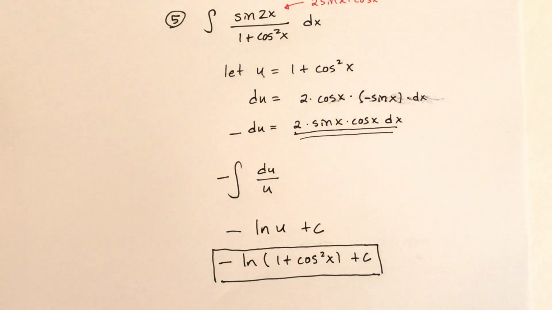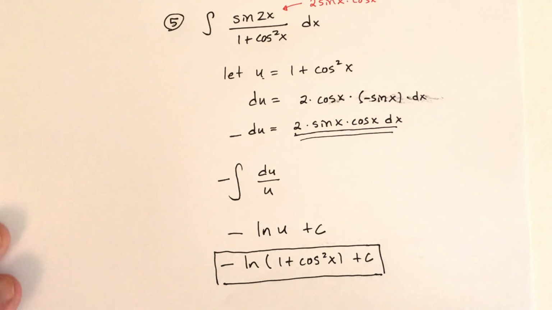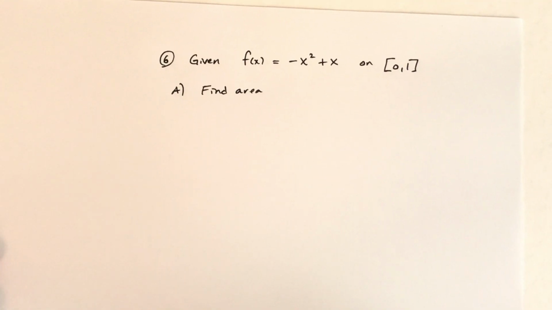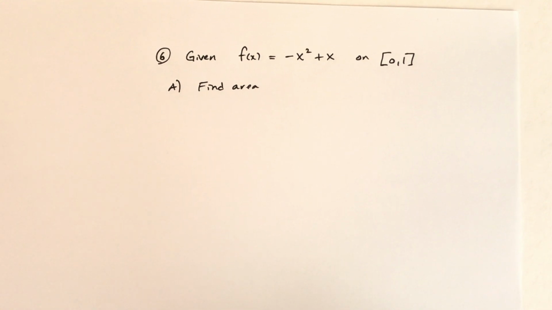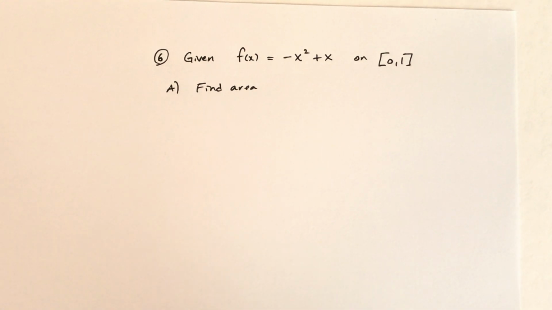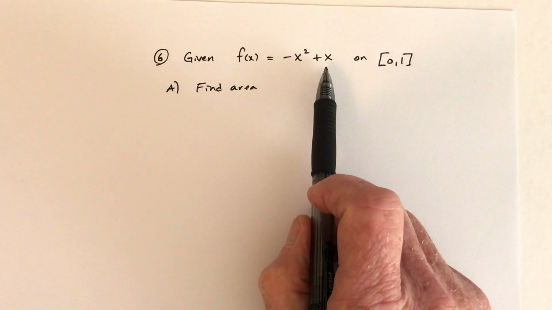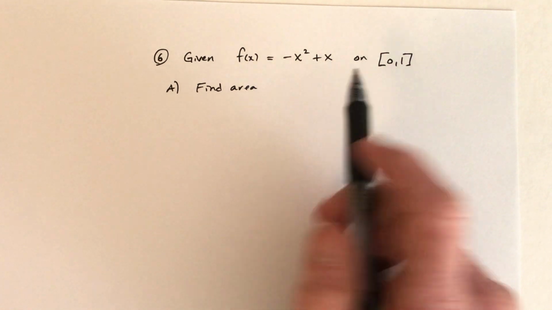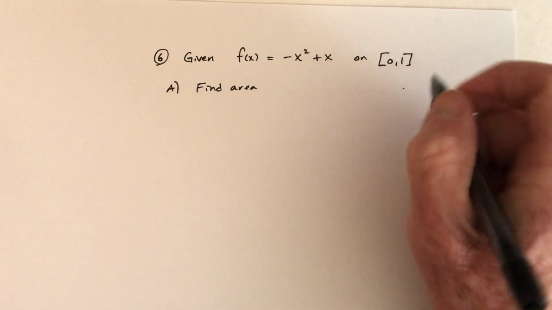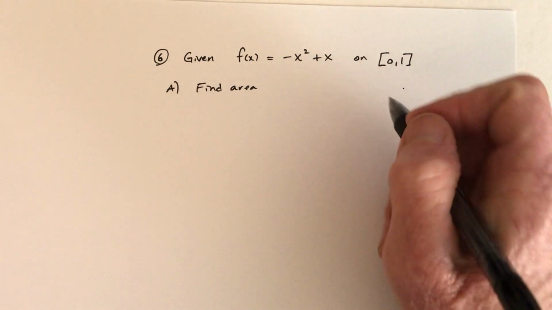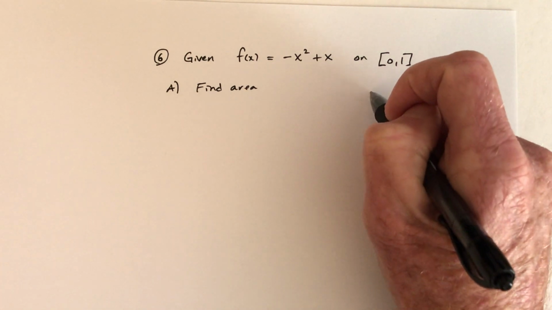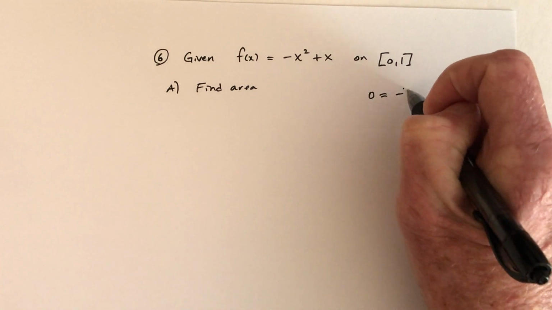All right, then when you look on the second page of the problem set, it's going to ask about area and things like that. So if you have this function, so this is an upside down parabola, in here I just went ahead and put what the limits are, but if you need to, you might need to set it equal to 0.